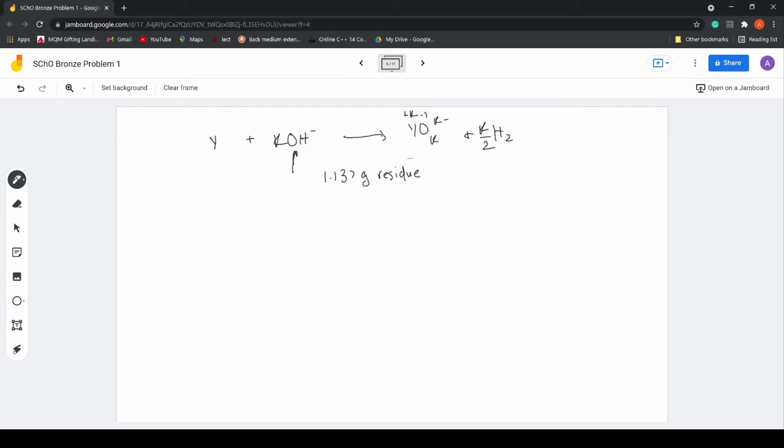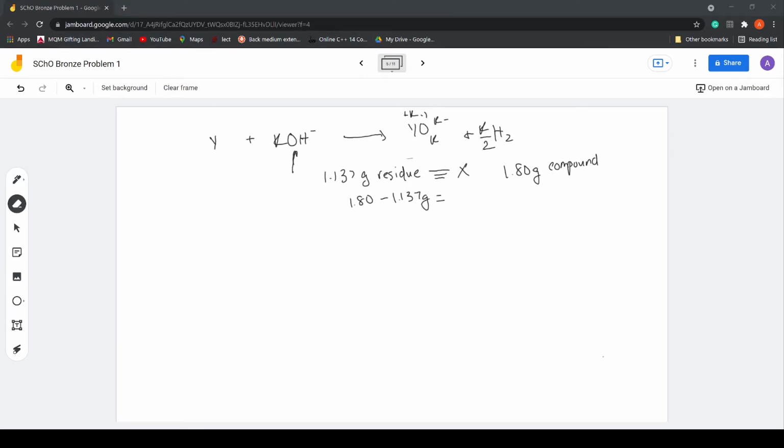It's just going to stay in its solid form. So this residue is the same thing as our element X. And in experiment 2, it was given that 1.8 grams of the entire compound was reacted. So the mass of Y must be 1.8 minus 1.137. If we plug this into our calculator, we get 0.663 grams of Y.